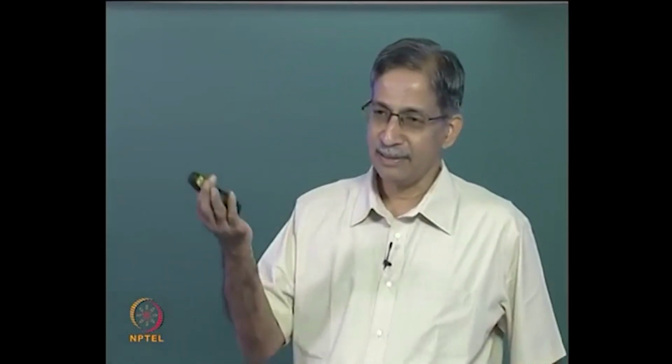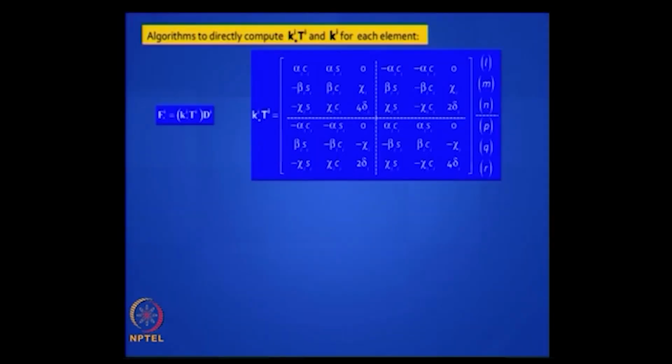From the properties, you can write an algorithm like this in terms of alpha, beta, zeta and delta, and if you want to program it, it will do the stiffness matrix generation at the element level also effortlessly. You can go one step further and do this product multiplication also. You can feed in these coefficients, these elements of your Ki Ti matrix, because this is necessary for you to get the internal forces.